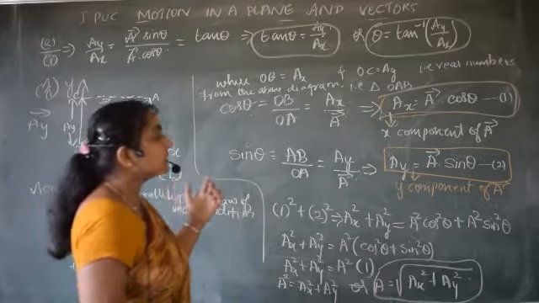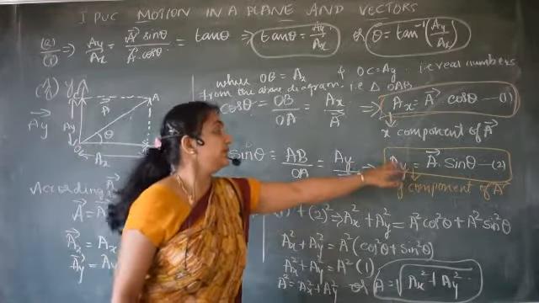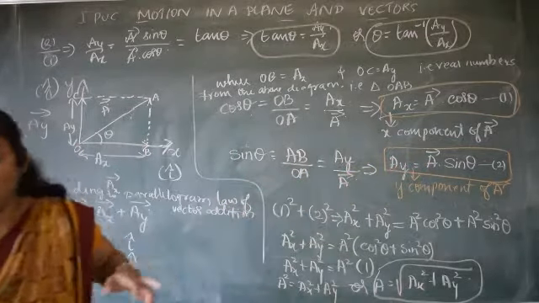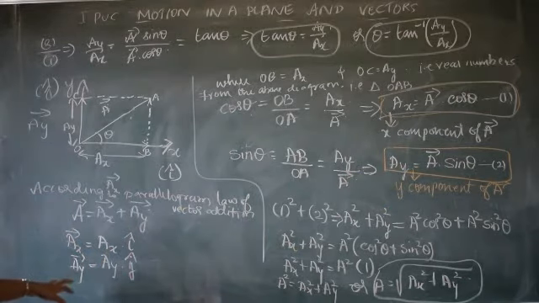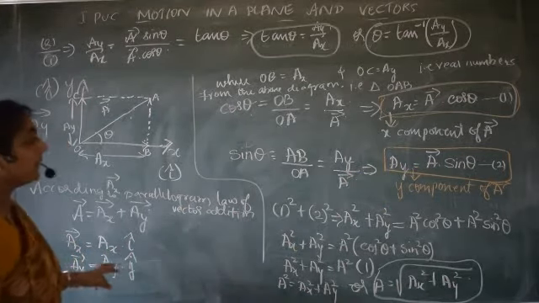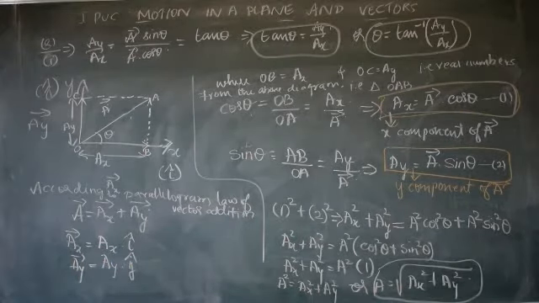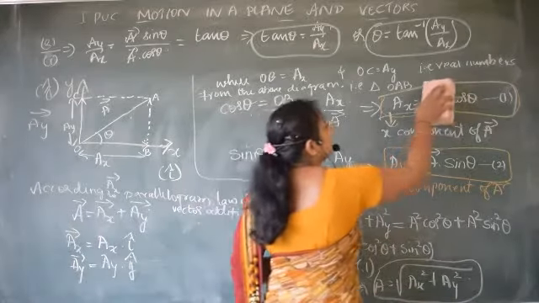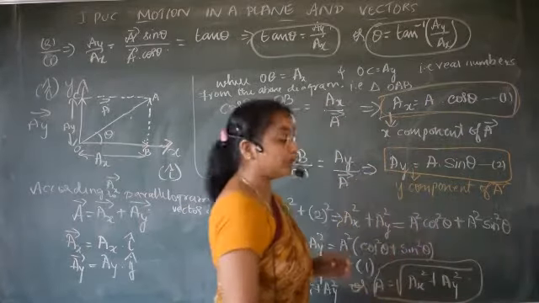Actually, what I want to say here is, if we write a vector symbol here, then we have to write the vector symbol everywhere. But in our derivation, to make it easy for you, nowhere have we used the vector symbol, correct? So in the place of the vector, we will write like this, so that nowhere you will go wrong.